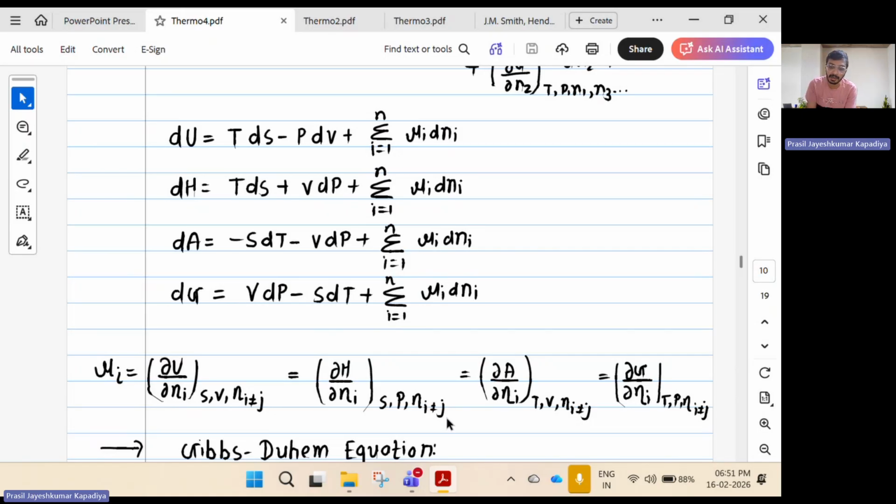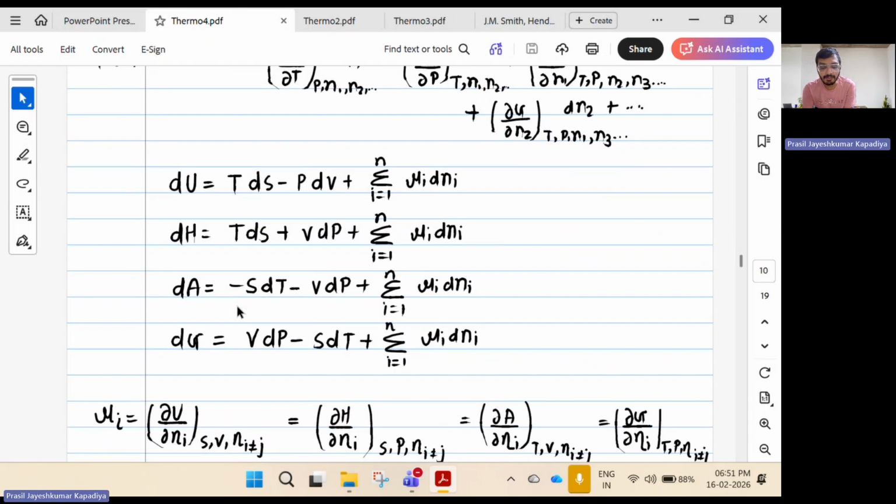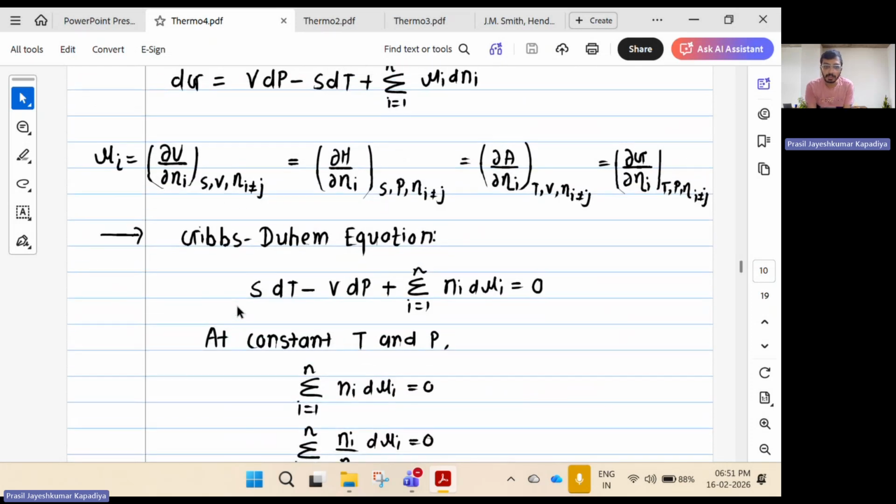Similarly, del A by del N_i at constant temperature, volume, and N_j, j not equal to i, and del G by del N_i at constant temperature, pressure, and N_j, j not equal to i. So this is how I can define my chemical potential.